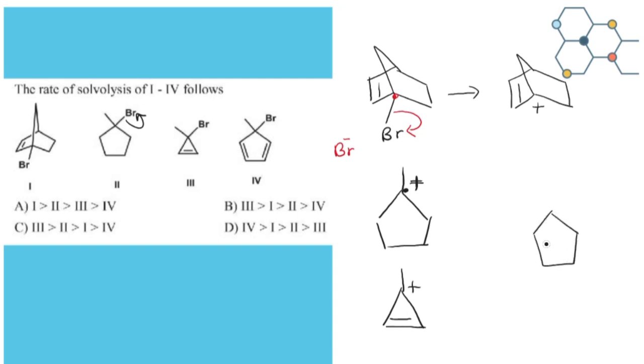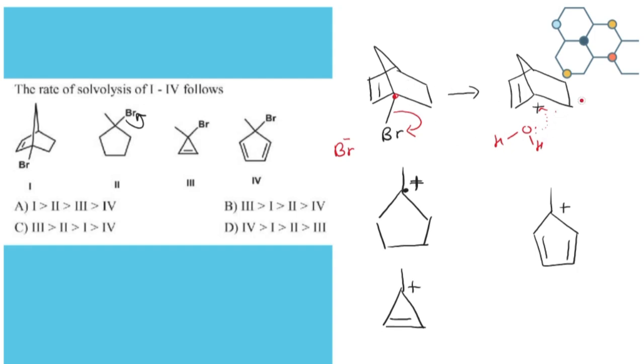The fourth molecule is also allylic, but the carbocation is part of an anti-aromatic molecule. Why am I explaining all this? Because it will help us to know how the water, the negative part of the oxygen, is going to stabilize the carbocation. That is nothing but solvolysis.